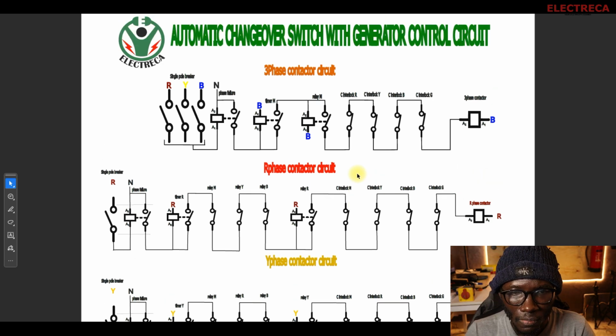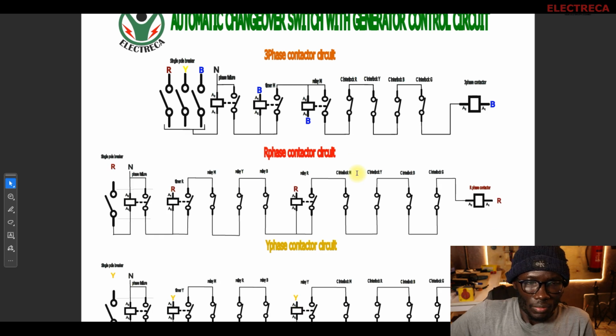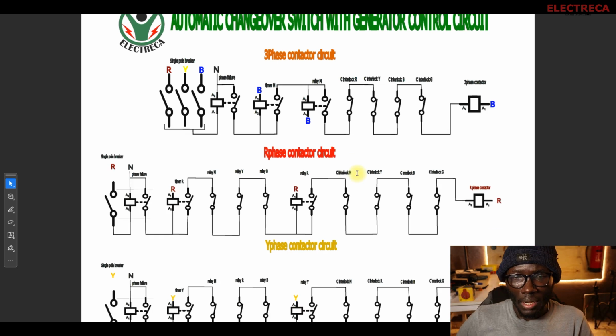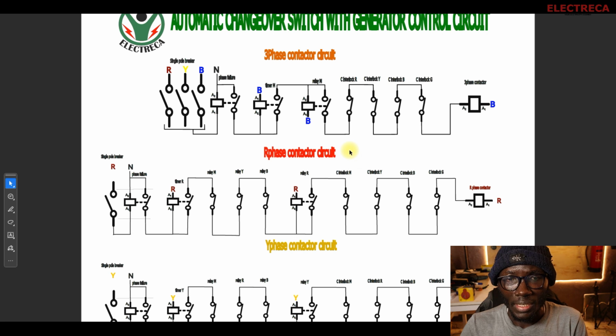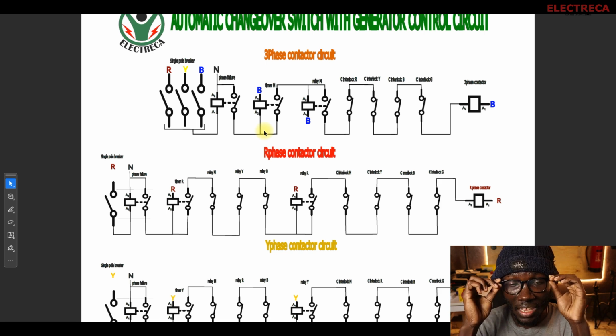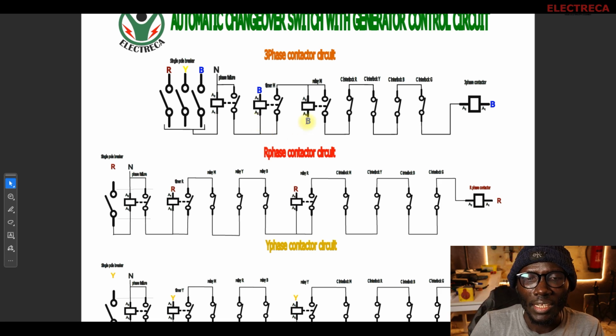All right, now let us talk about the interlock. In the same relays, the reason why you're going to need two relays is because I used a couple of relays in there. Let me show you first here on the main circuit.